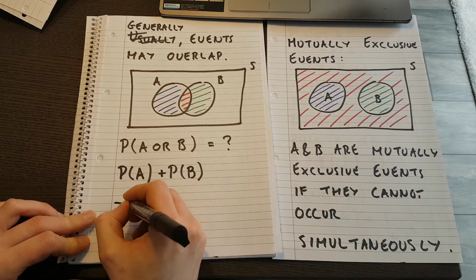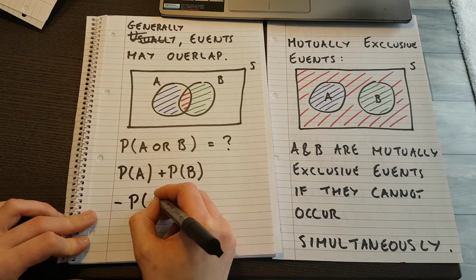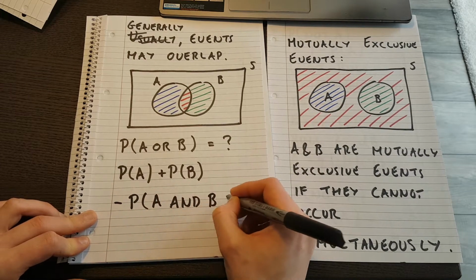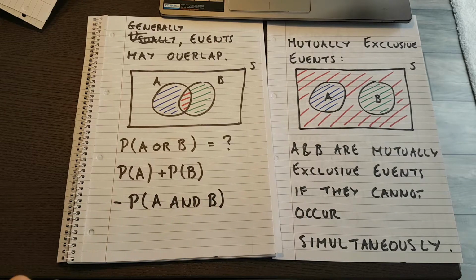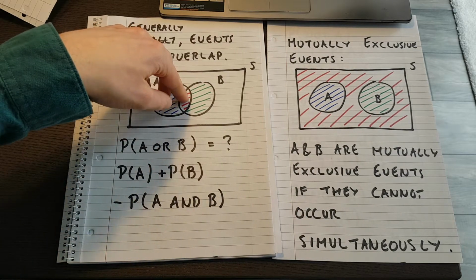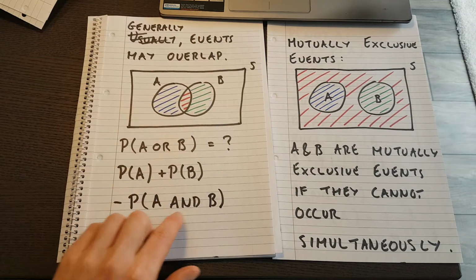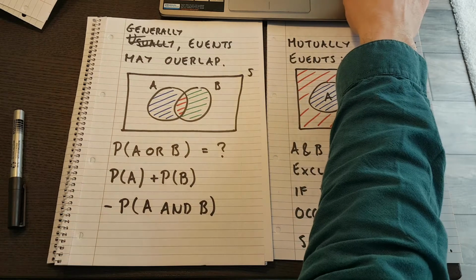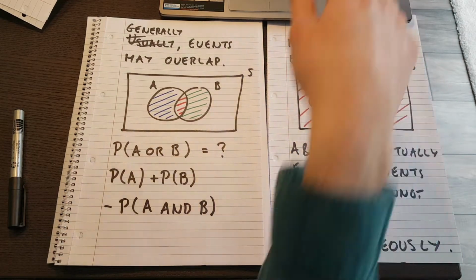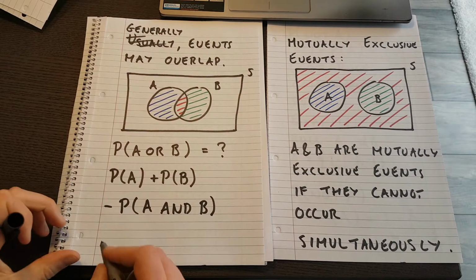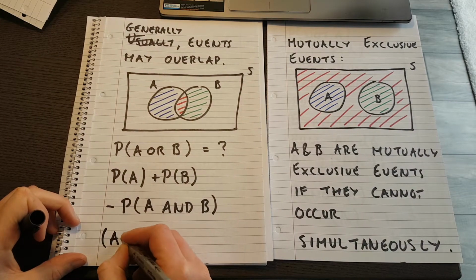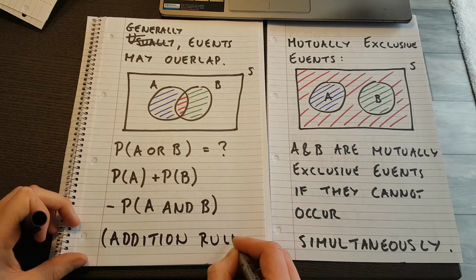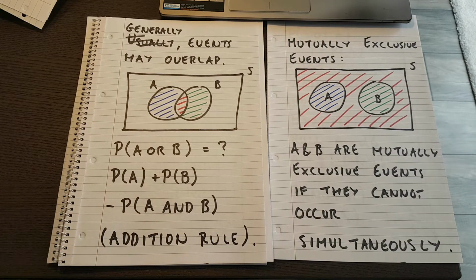So I'm going to subtract away the probability of A and B. What is that? That's blue and red plus red and green, and then take away red because I've counted red twice. So this is the addition rule.